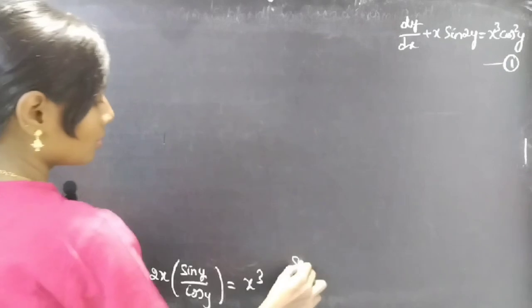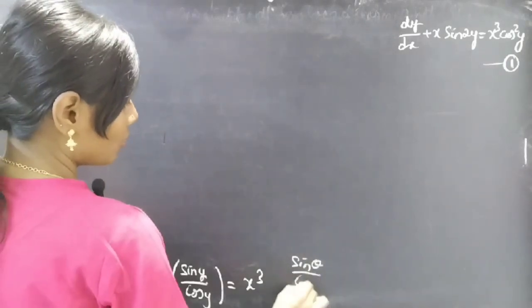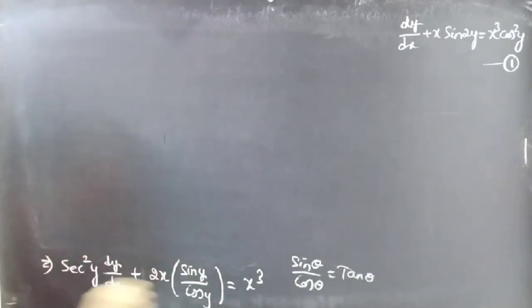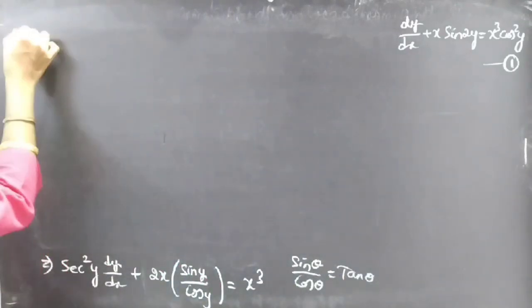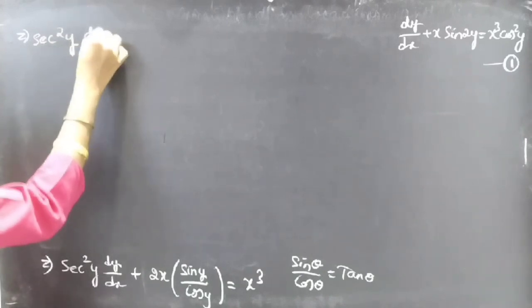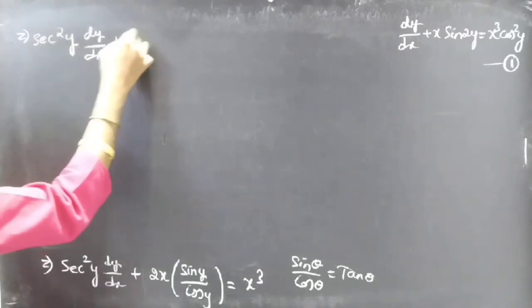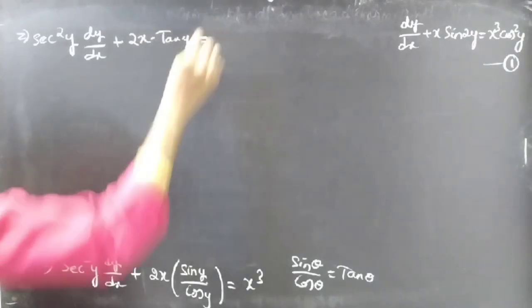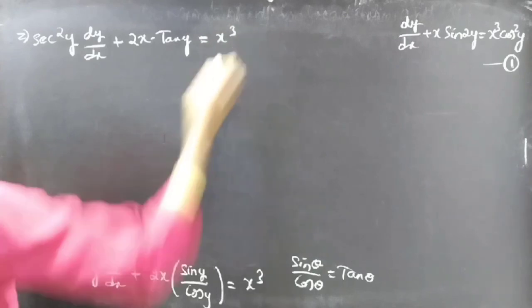Since sine theta by cos theta equals to tan theta, we can replace sine y by cos y with tan y. Then this becomes secant square y into dy by dx plus 2x into tan y equal to x cube.